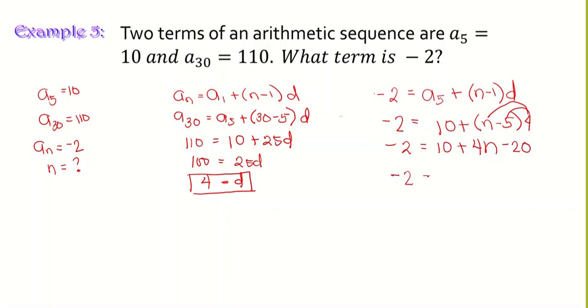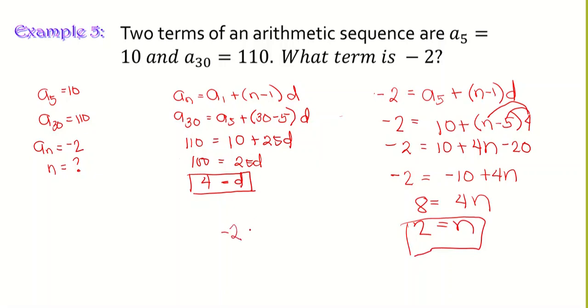Therefore, negative 2 is equal to 10 minus 20, that's negative 10, plus 4n. So 4n is negative 2 plus 10, which is 8. Therefore, your n is equal to 2. It means that negative 2 is the second term. Okay? I hope that you got that correctly.